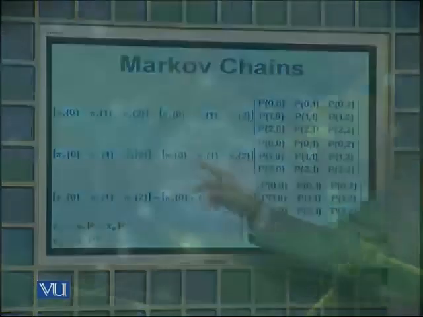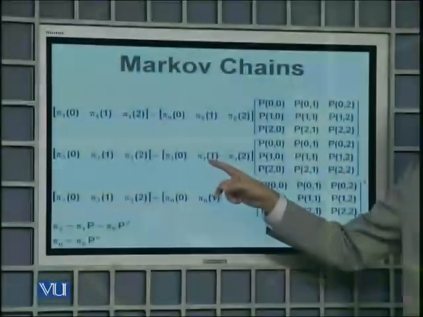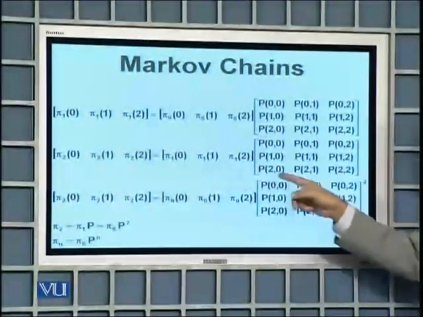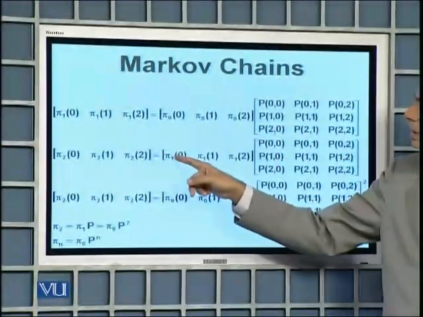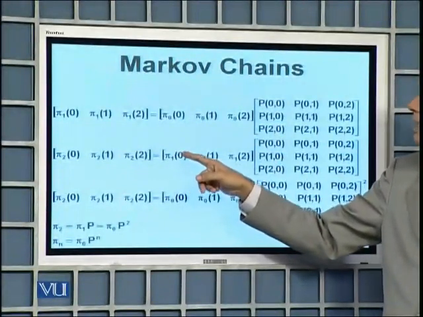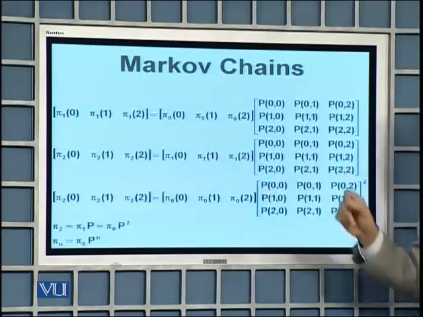And if you want to find the probability distribution vector at the second sampling interval, you can find it using the same transition matrix P, but using here the probability distribution at the first sampling interval, pi 1 0, pi 1 1 and pi 1 2.